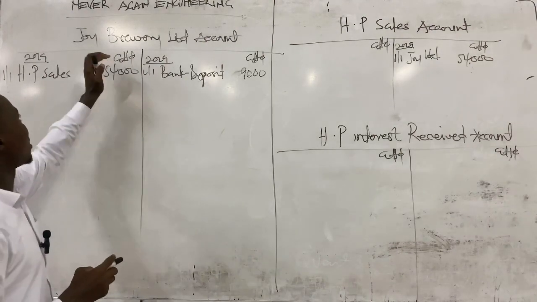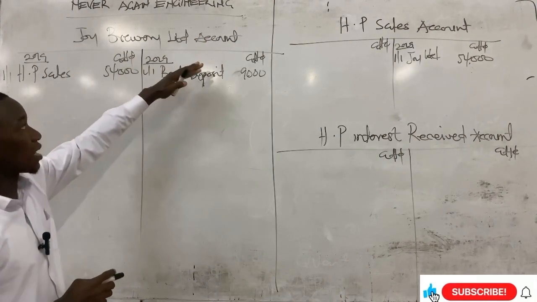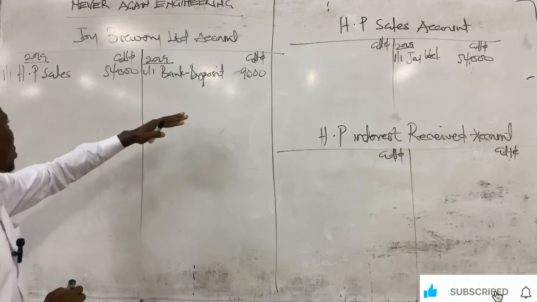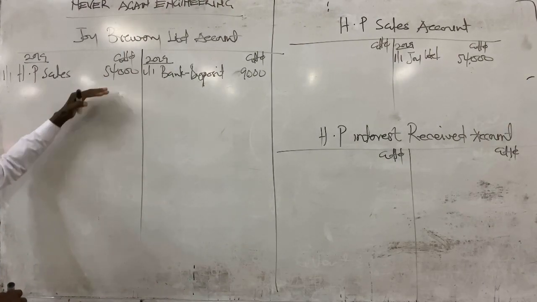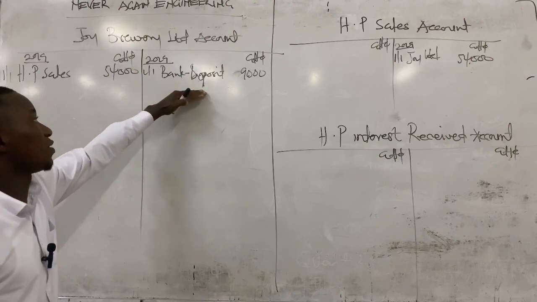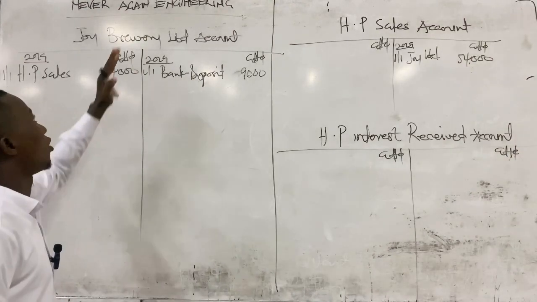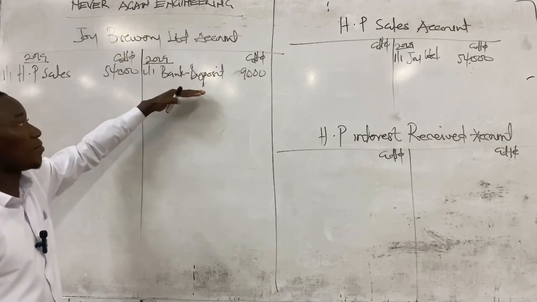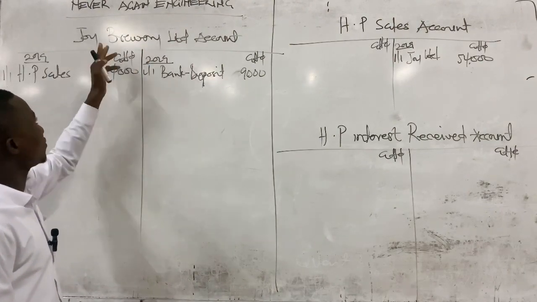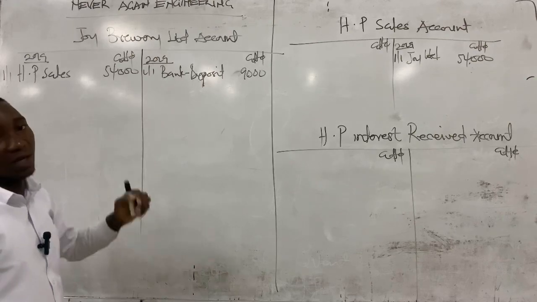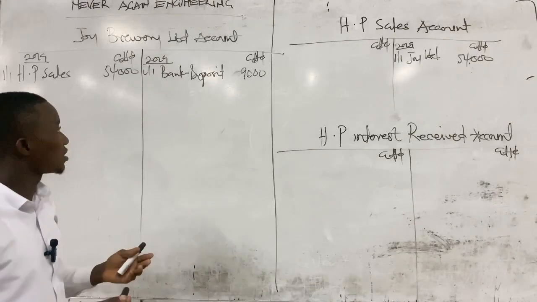And we are crediting the Joe Limited account, the debtor's account, because we want to reduce its debt. The corresponding entry will be the bank account of Never Again Engineering. We debit bank account of Never Again Engineering and credit Joe Limited. But the bank account over here is not relevant, so we won't open it.